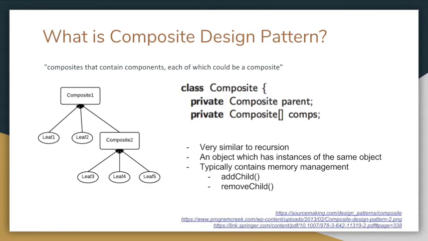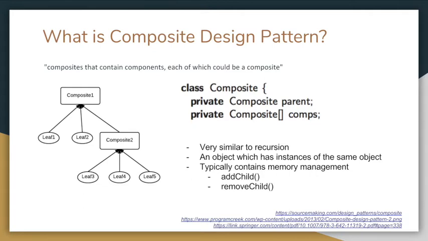In the example tree code shown here, Composite 1 has a parent variable, but it is not initialized. Composite 1 does have 3 child elements, which are composite classes as well. The parent variable in those objects points to Composite 1. Leaf 1 and Leaf 2 do not have any children of type composite, so they are the leaf nodes. Composite 2, however, does have 3 child nodes.